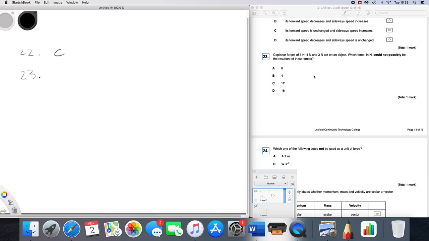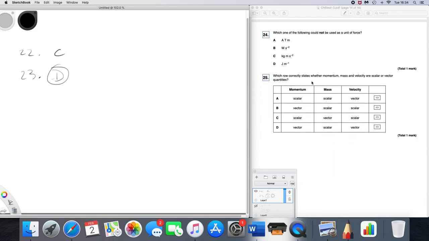You could have 12, the maximum possible. 5 minus 4 minus 3, so you could have 2 newtons as a minimum. But your maximum you found was 12, so you can't have D. That's the one you cannot have.